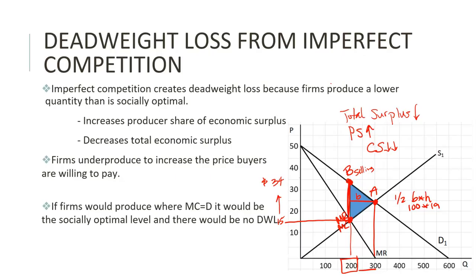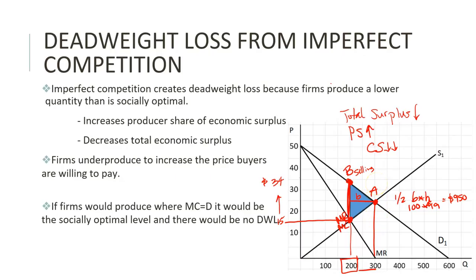Okay, so 1/2 times 100 times 19, and this 19 is a dollar value. So we would say that in this market, our deadweight loss is $950. So there's $950 less consumer surplus, less total surplus than if we were producing 300.